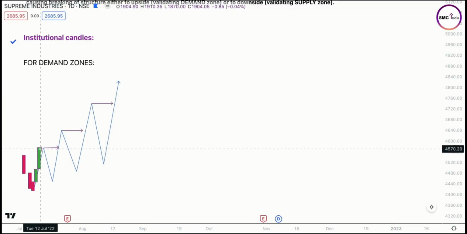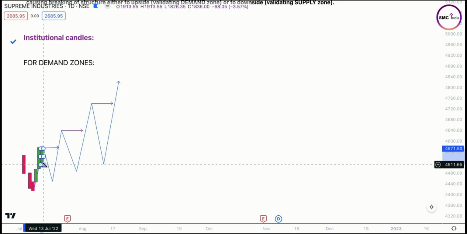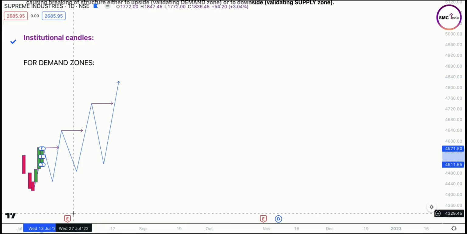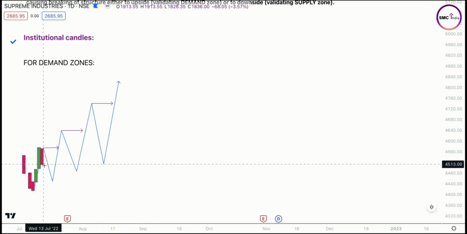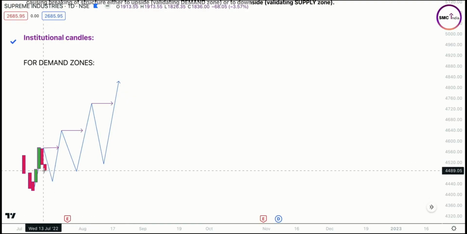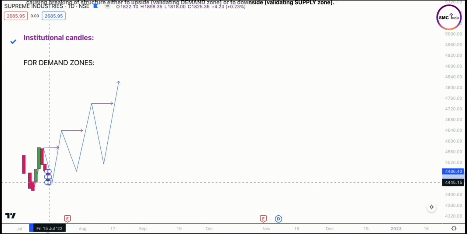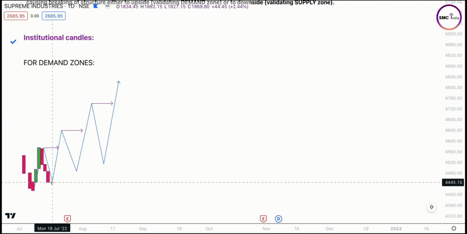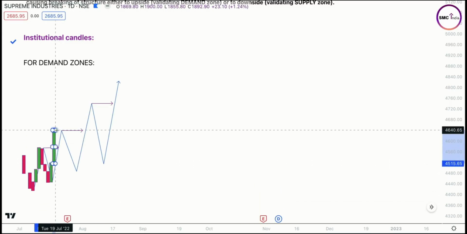Again the price comes down, and what happens next is that again the price shoots up.